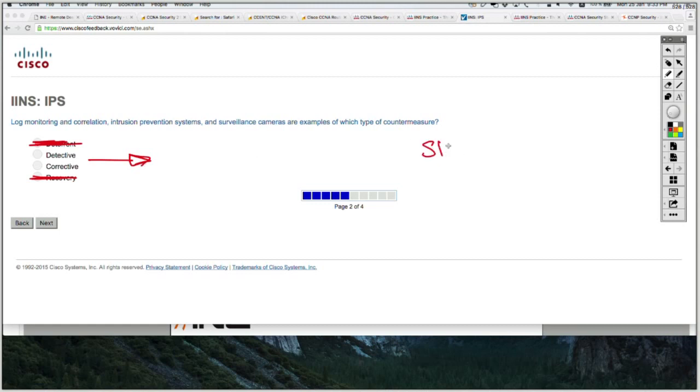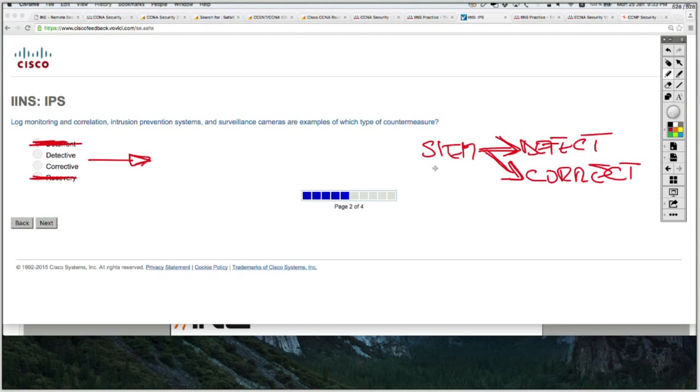Now the SIEM can both detect an attack or a problem and then correct it. So it can detect an attack, that's the scope of a SIEM, to correlate logs and detect attacks, and then it can correct the attack by signaling, by speaking with other security solutions and asking them to restrict network access for a specific area of the network because something happened.